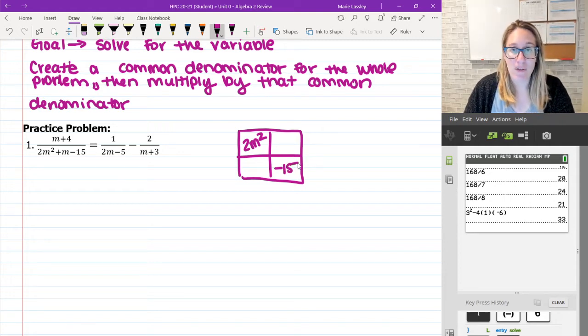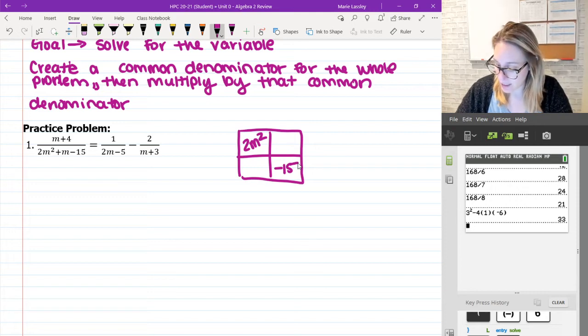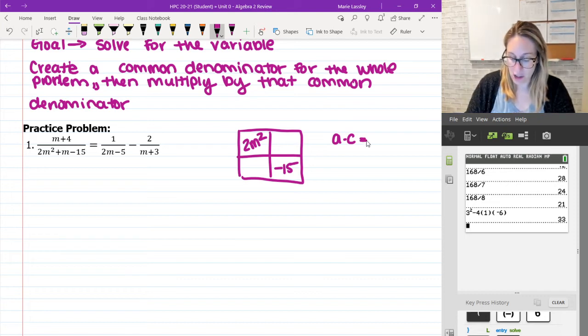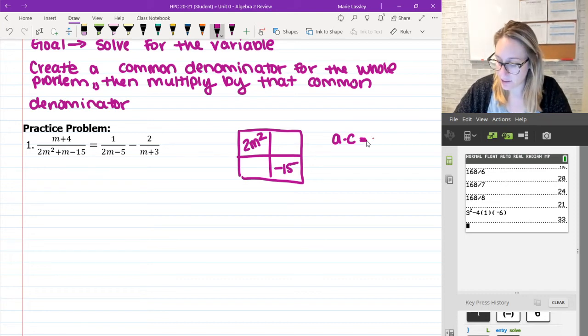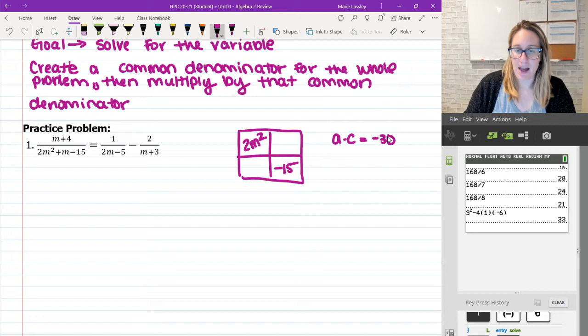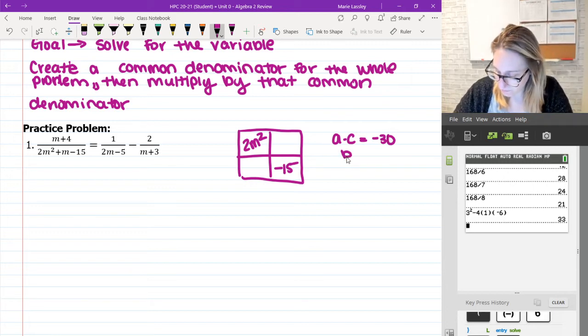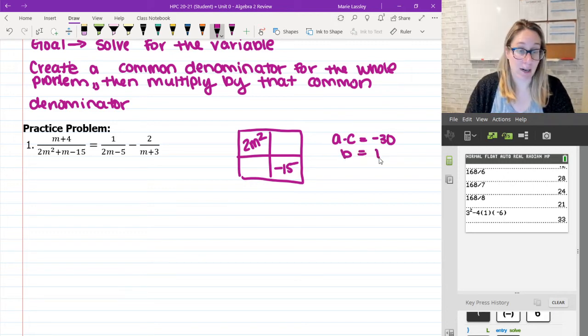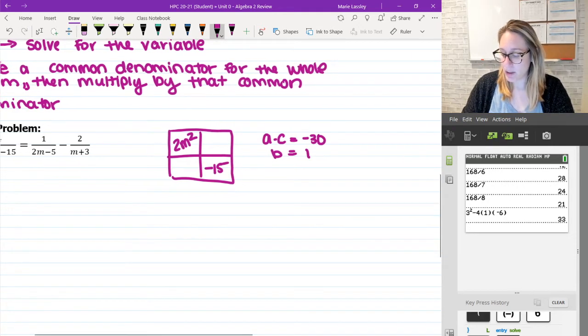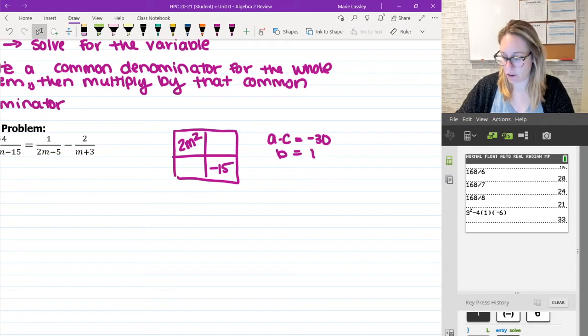We have a leading coefficient of 2, so we do have to multiply a times c. So a times c is 2 times negative 15, which is negative 30. And then my b value is 1, because there's nothing in front of the m, so that tells us there's a 1. So I want two numbers that multiply to negative 30 and add to 1.